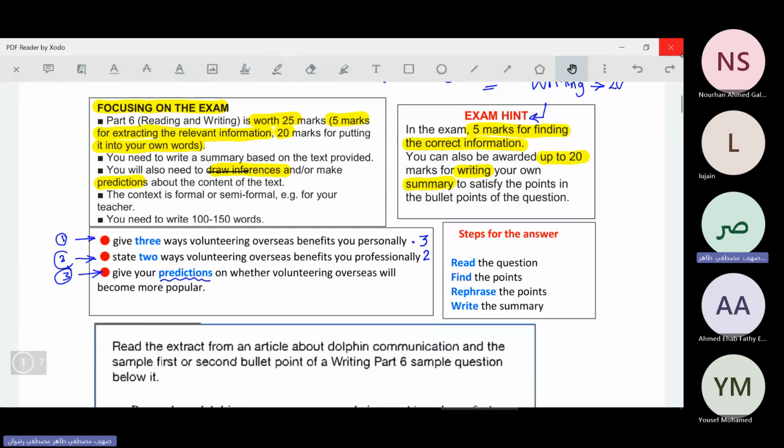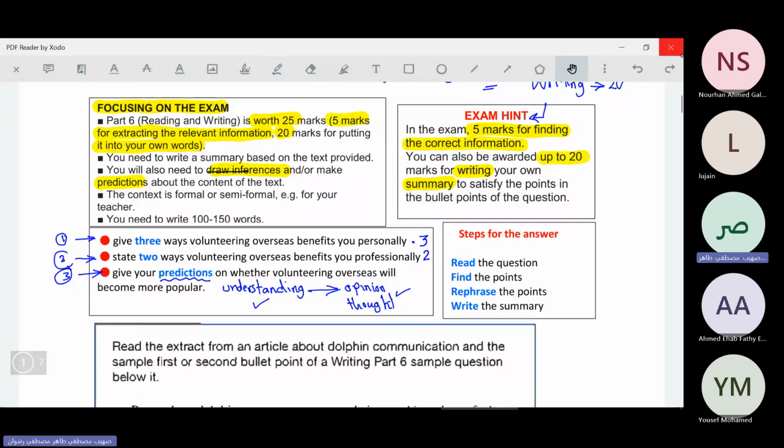This last bullet point is not directly in the text, but it depends on your understanding of the facts you found. Based on your understanding, give your opinion or your prediction. So in bullet point number three, you don't need to find points from the text, because it depends on your comprehension.